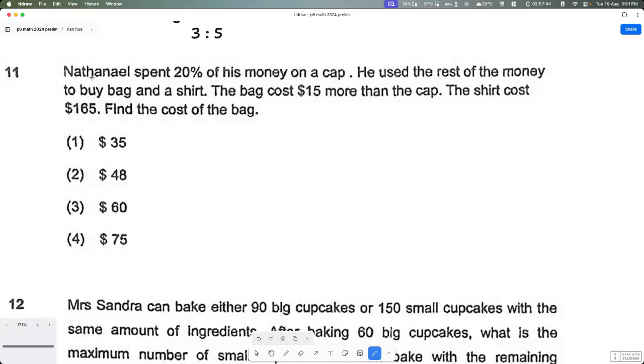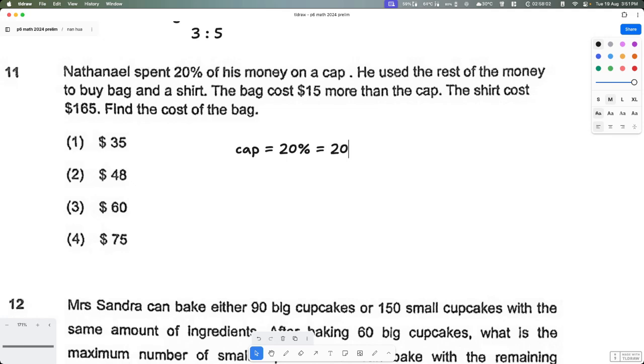Question 11. Nathaniel spent 20% of his money on a cap. He used the rest of the money to buy a bag and a shirt. The bag cost $15 more than the cap. The shirt cost $165. Find the cost of the bag. So the cap is basically 20%, which is also 20 out of 100, which is also 1 out of 5 of the money.